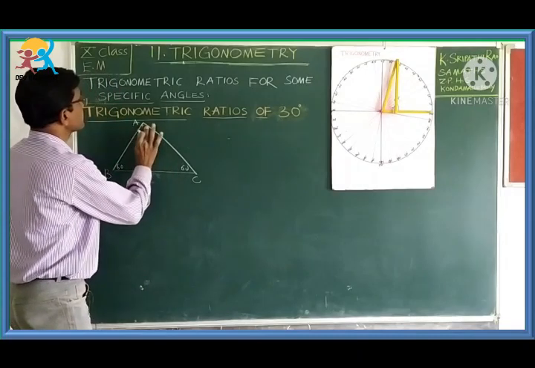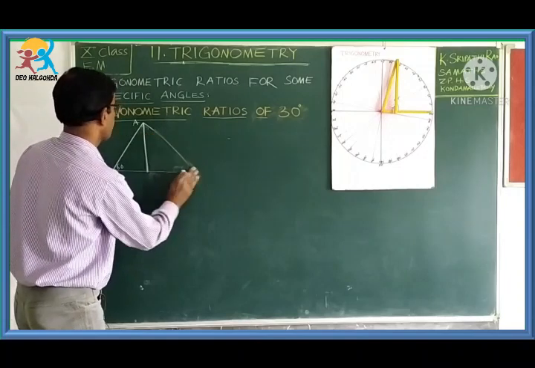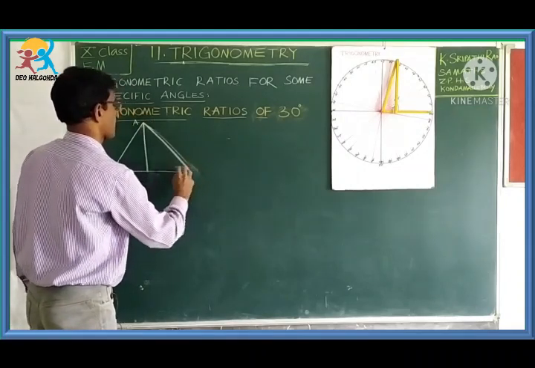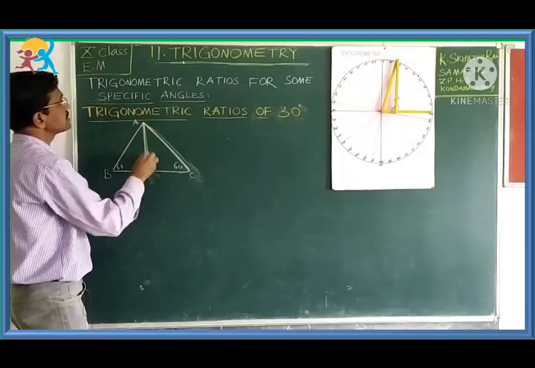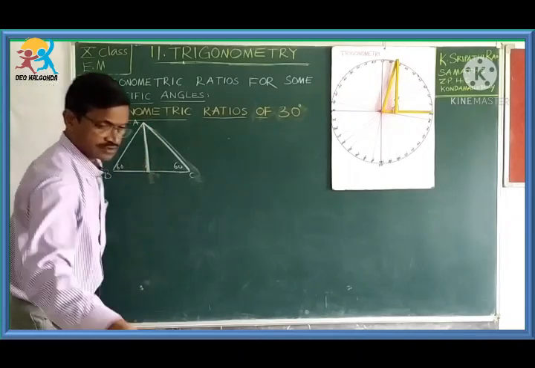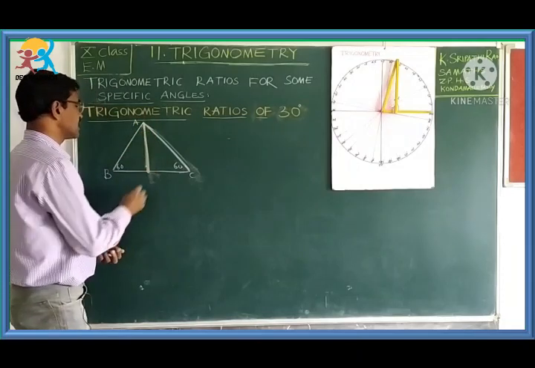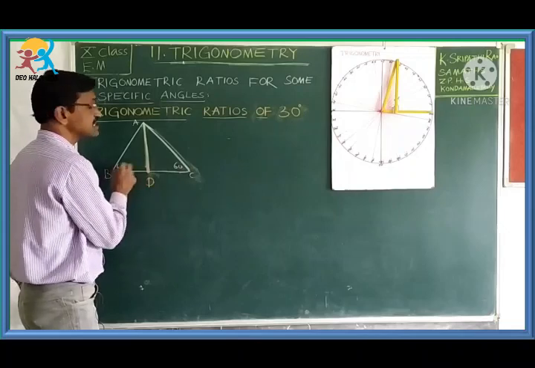Now draw a perpendicular line to the base. It is a perpendicular line and also a median of this triangle. So what will be the length of BD? The length of BD will be half of the side of this triangle.